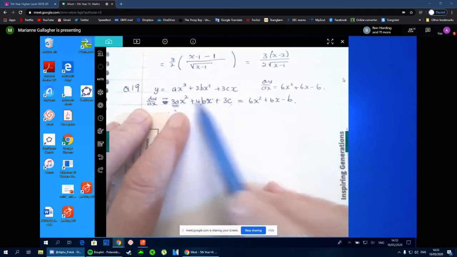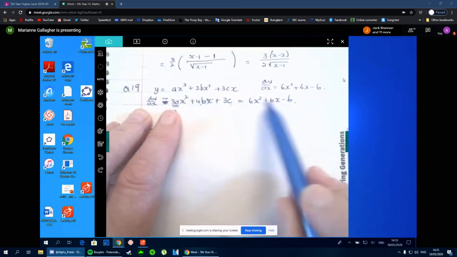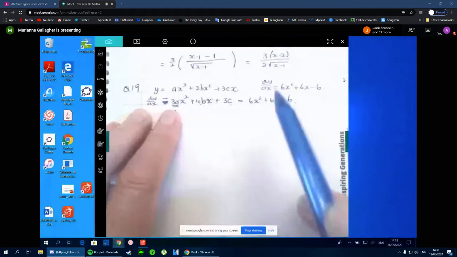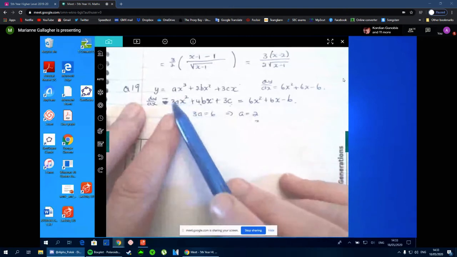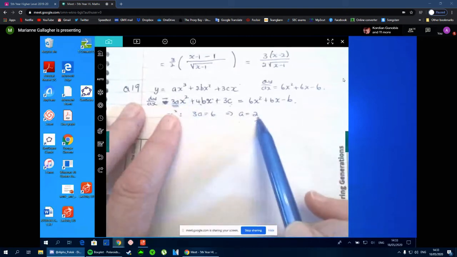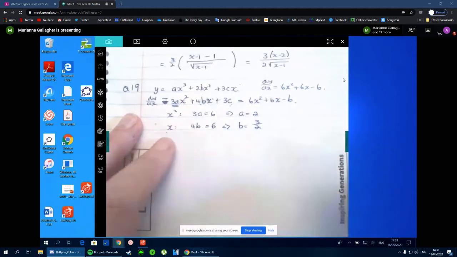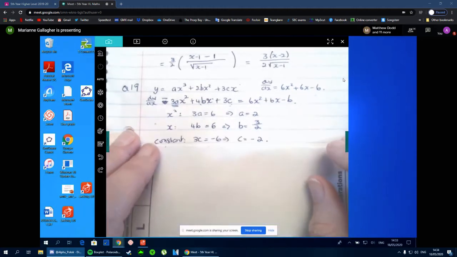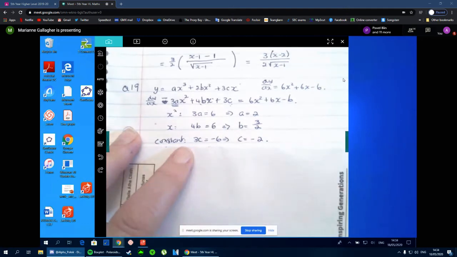And then we know if they're equal, then the x squareds on both sides have to be equal, the x's on both sides have to be equal, and the numbers on both sides, the constants, have to be equal. So taking the x squareds, 3a is equal to 6, so a would be 2. Taking the x's, 4b is equal to 6, so b would be 3 over 2. And taking the numbers, 3c is equal to negative 6, so c is equal to negative 2.